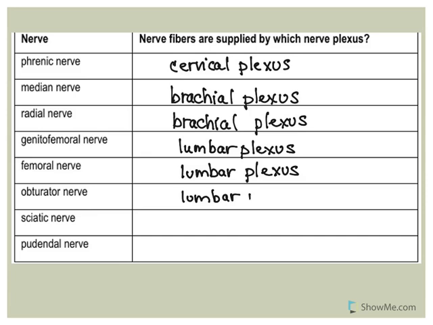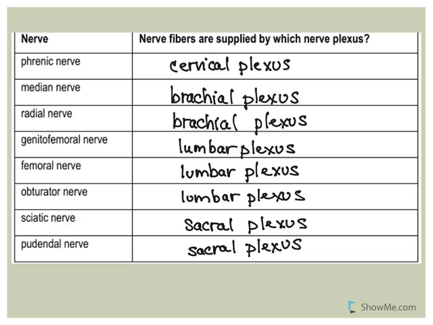Pelvic area. And then the last two, sciatic and pudendal nerve, they have fibers from the sacral plexus. So these, again, are going to be providing innervation to lower extremities, genitalia, again, in pelvic cavity, again, depending on which nerve we're talking about.